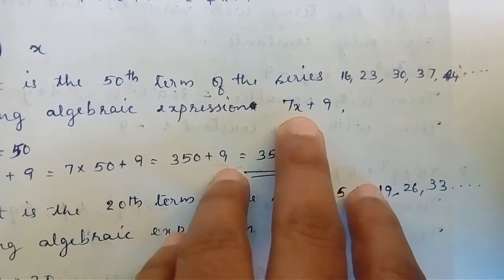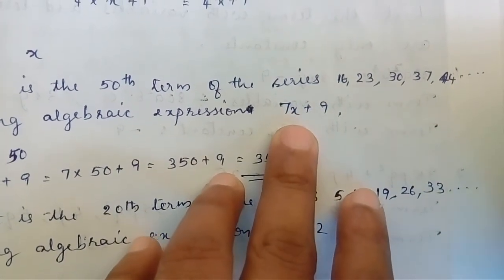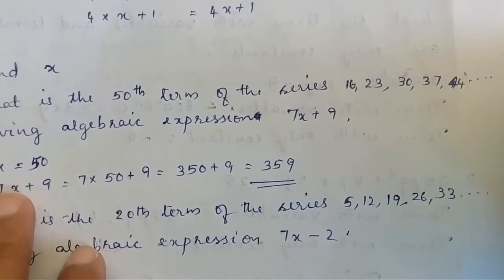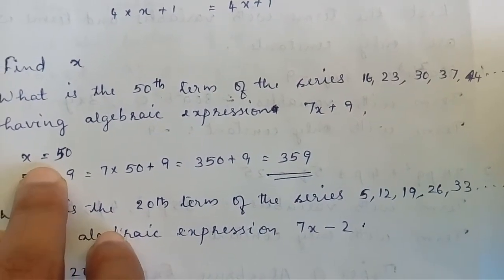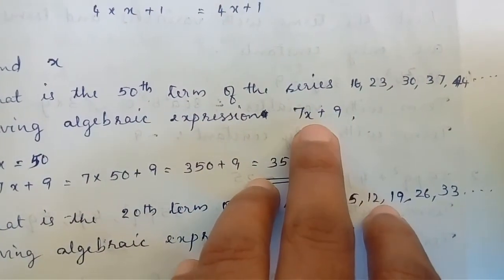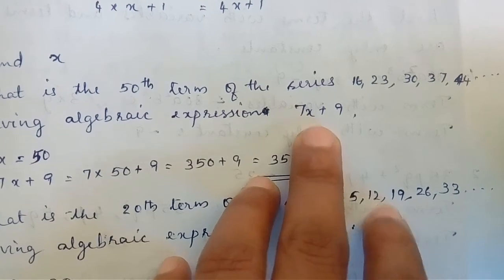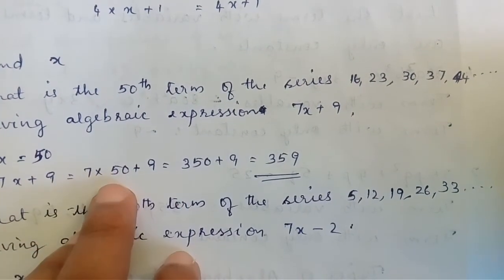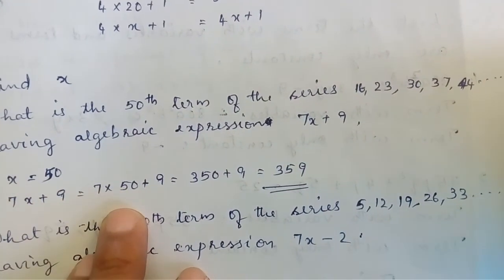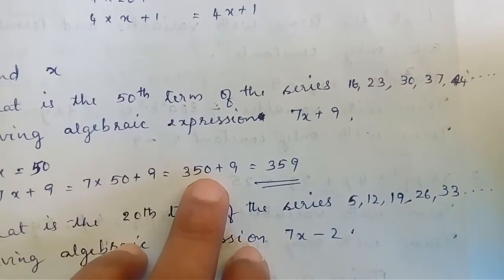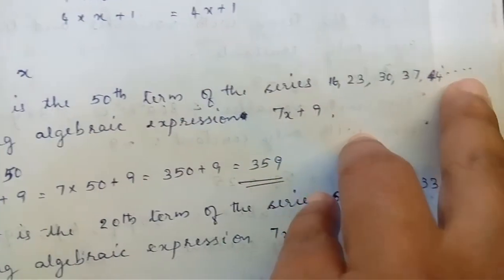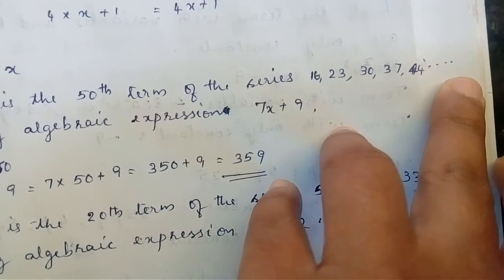Using this expression we can find any term of this series. Here we are going to find the 50th term. So for finding the 50th term we substitute x as 50. 7 into 50 plus 9. We studied the BODMAS rule. First we have to do the multiplication. 7 into 50, 350, plus 9. So 359 is the 50th term of this series.